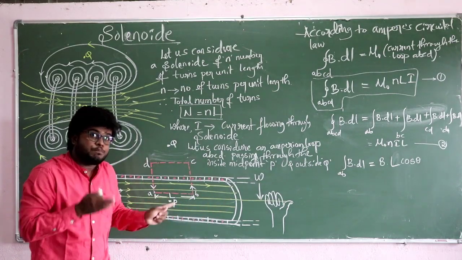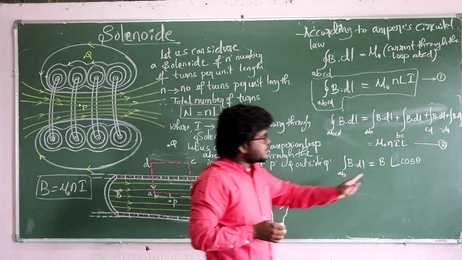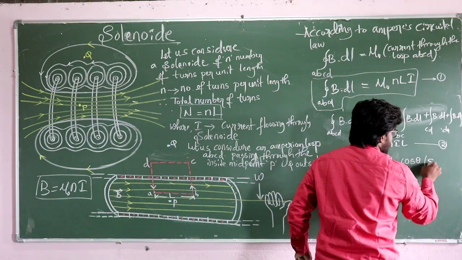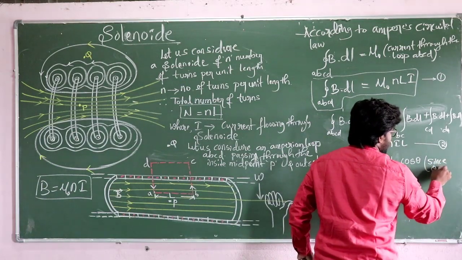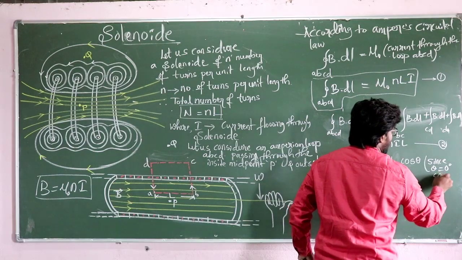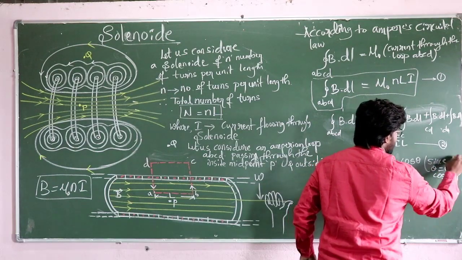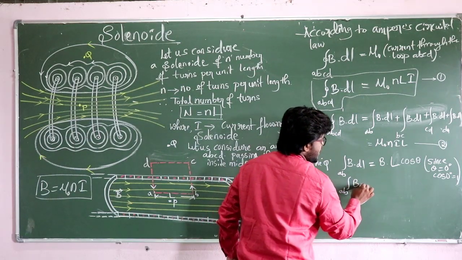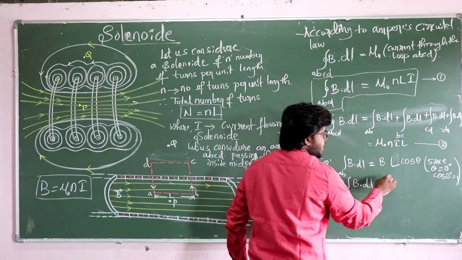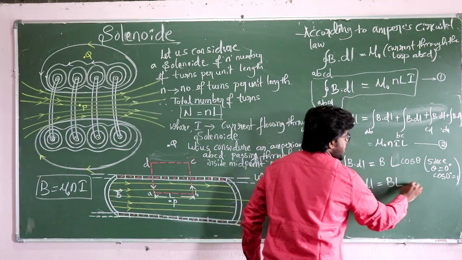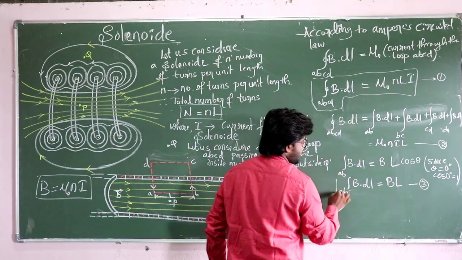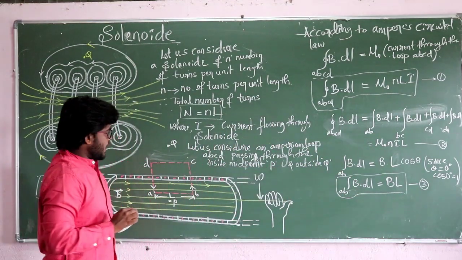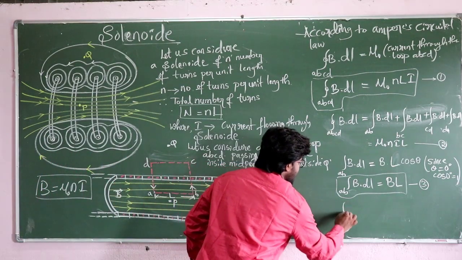The magnetic field and length are parallel to each other, so theta is equal to 0 degree, and cos 0 degree is equal to 1. So integration of AB of BDL is equal to B L. This is equation number 3. Understood? Okay, next.